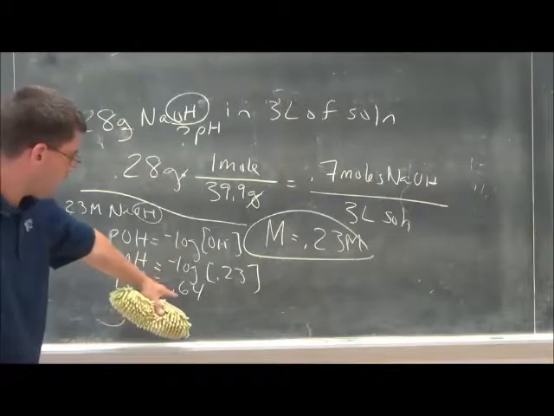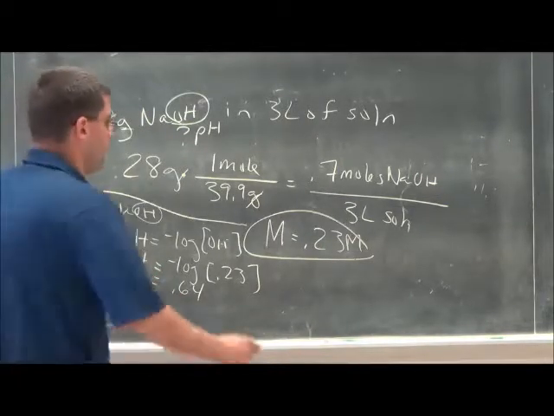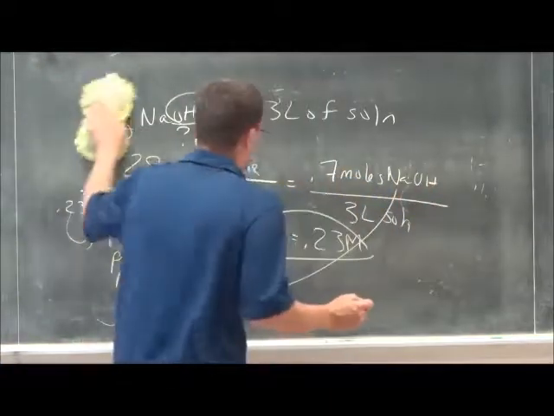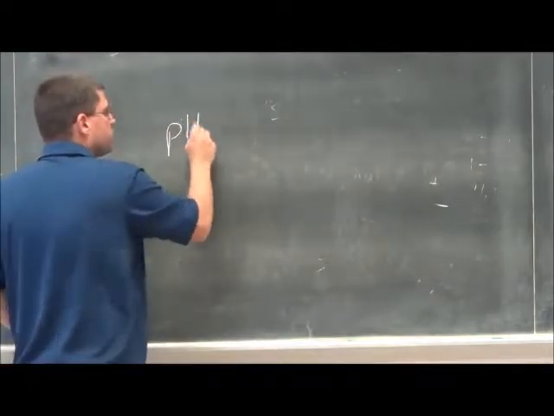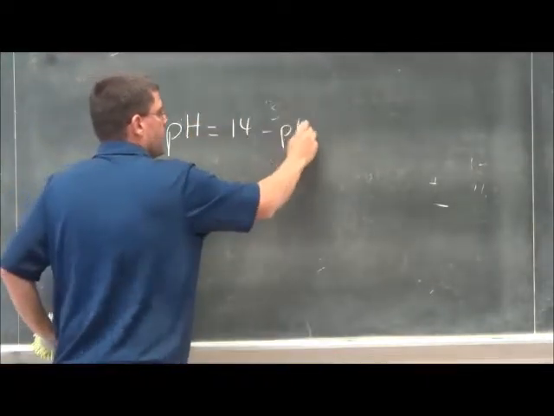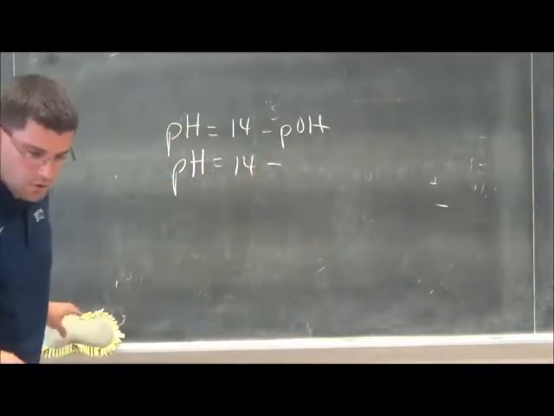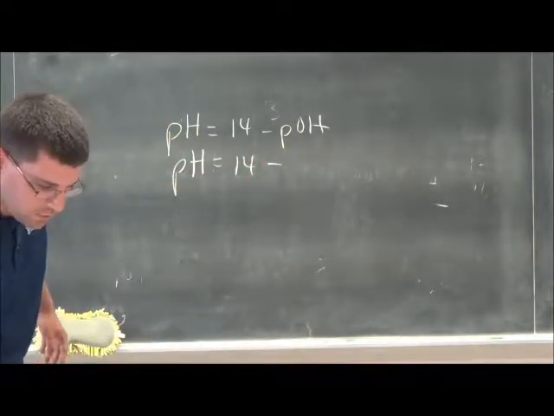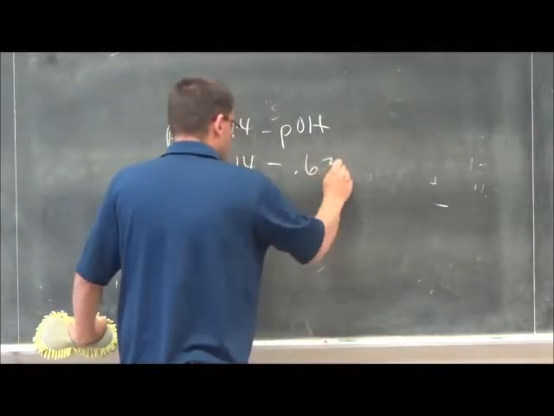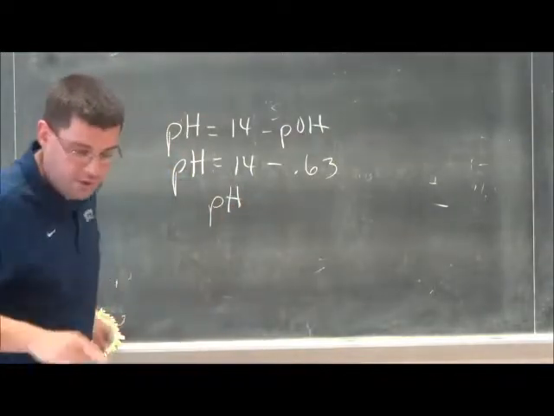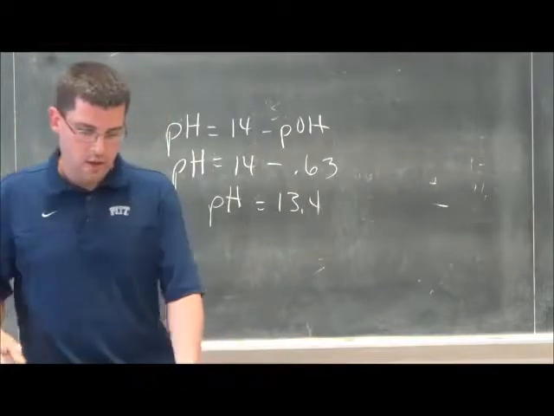But that's a low pH. We don't want that. We have to subtract from 14. To get the pH, we take 14 minus the pOH, whatever answer I just got. Was it 0.63? Because of course I erased it. The pH of this base, which is really strong, is 13.4.